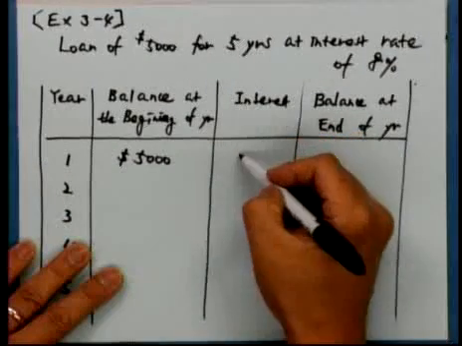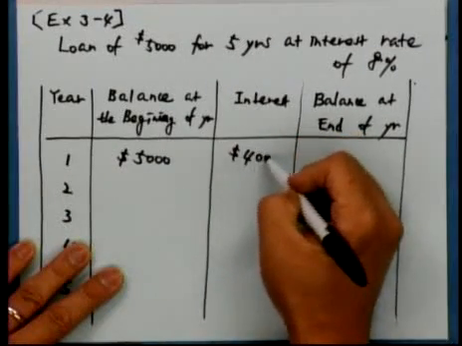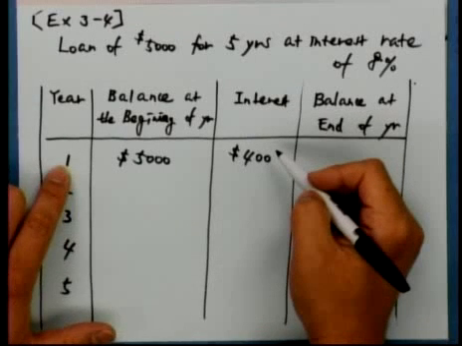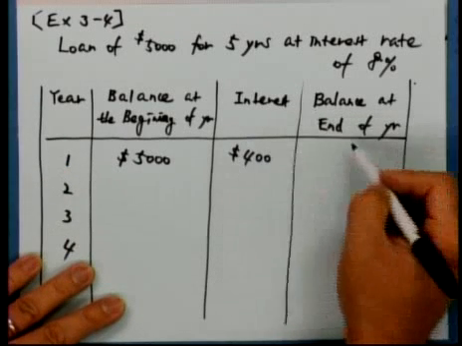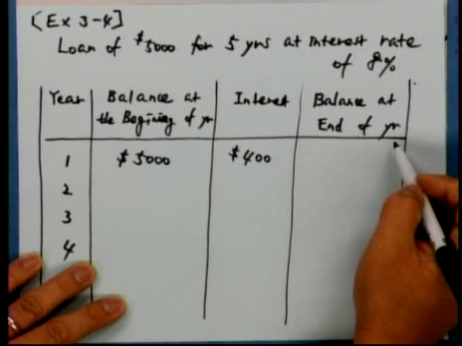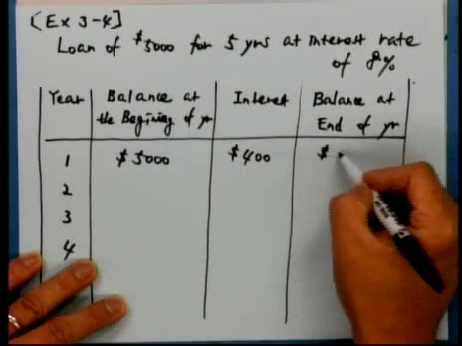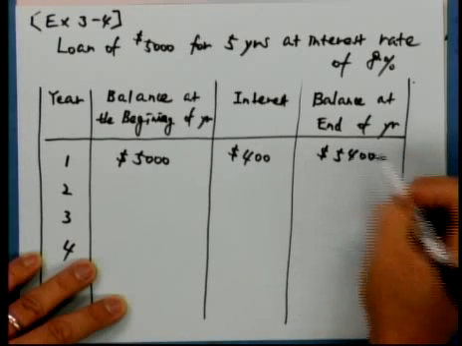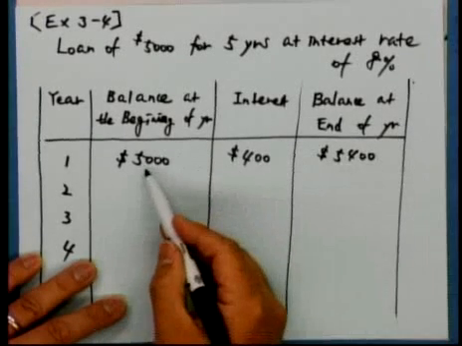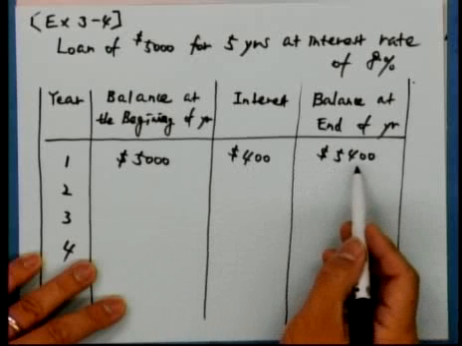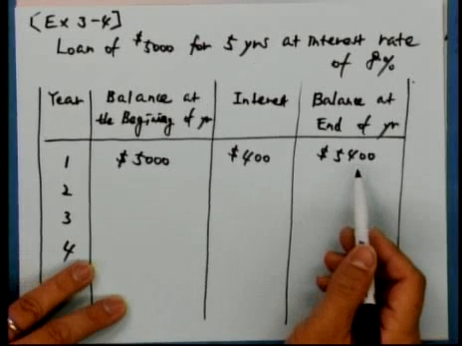So you're going to put 400 at the first year. So the balance at the end of year number 1 becomes 5,400, right? 5,000 plus 400 becomes $5,400.